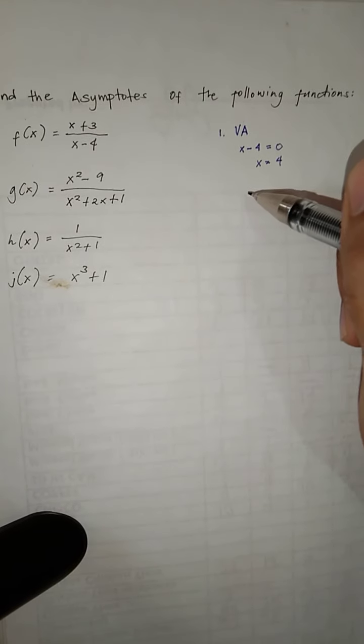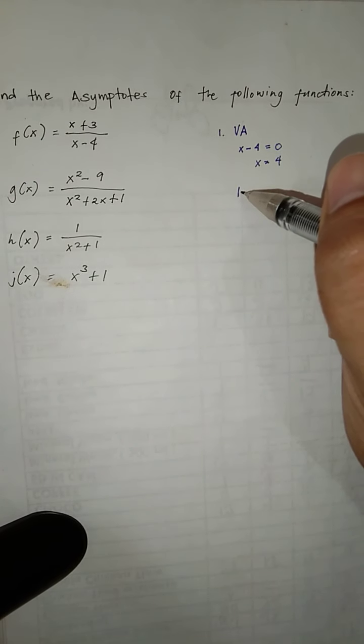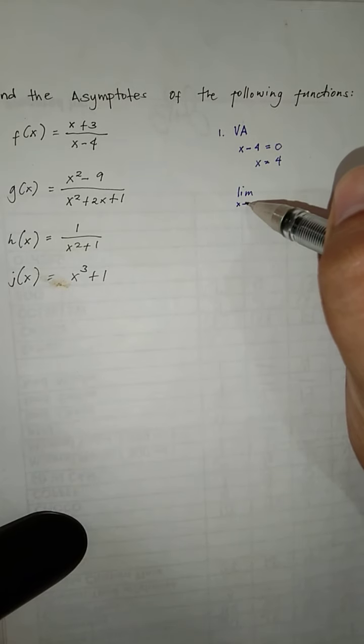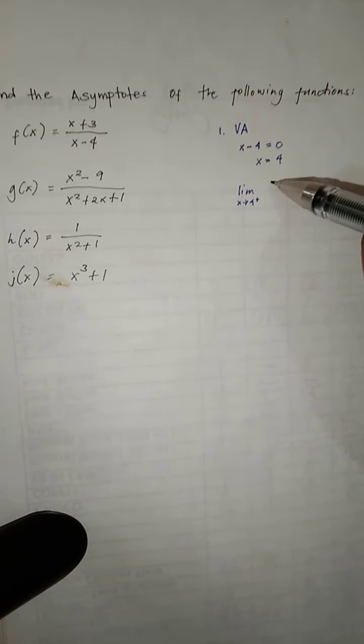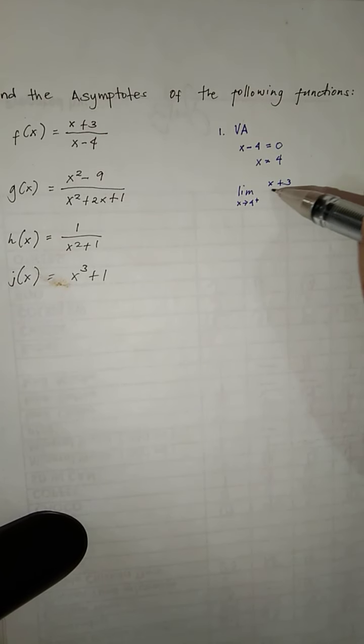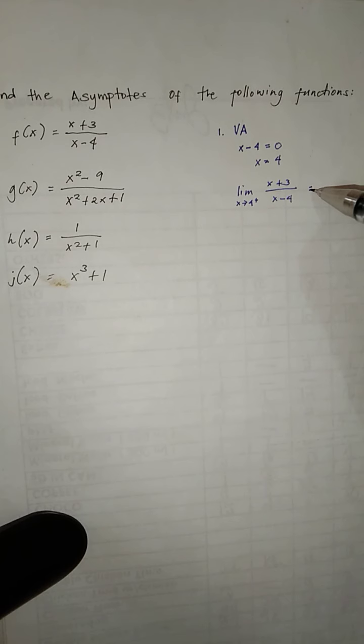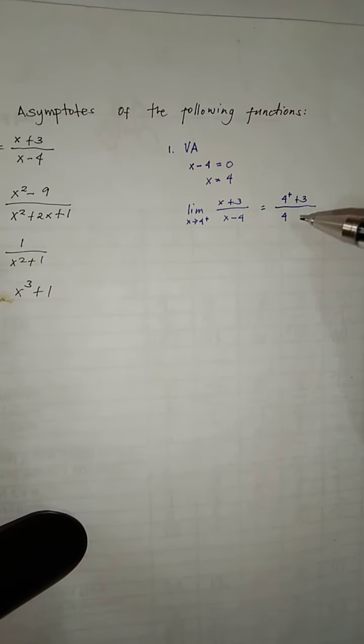So let's test. The limit as x approaches 4 from the right of the function x plus 3 all over x minus 4, which we will apply directly. You have 4 from the right plus 3 all over 4 from the right minus 4.